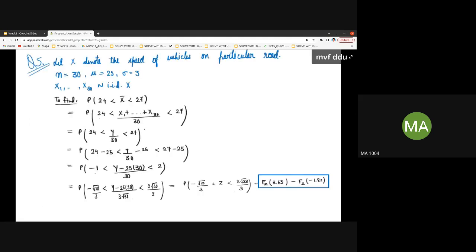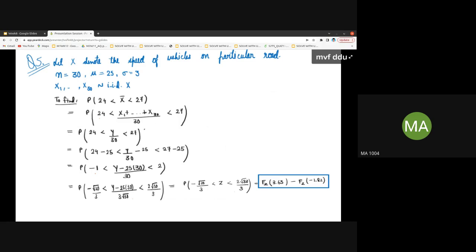So how will we do it? We know that x bar is nothing but x1 plus x2 up to x30 divided by 30, which is the sample mean. We are just standardizing the x bar. You have to compute the expected value of x bar and the standard deviation of x bar, subtract the expected value from x bar and divide by the standard deviation.